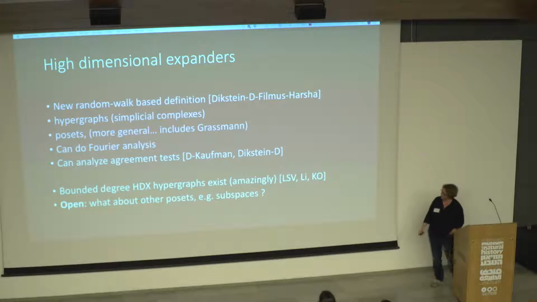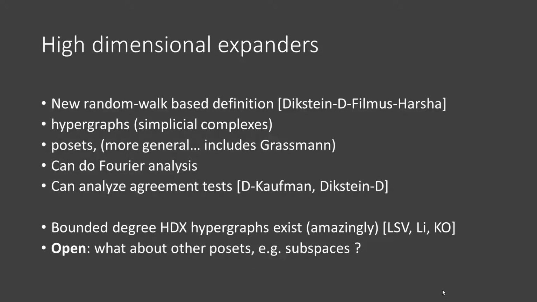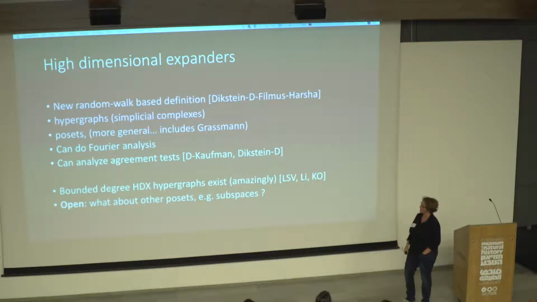Just to remark that something very surprising happens. The fact that these hypergraphs that are high-dimensional expanders even exist is very non-trivial. It's quite amazing, and it's based on some algebraic constructions. There is no random construction, for example, just like you don't have any random constructions for PCPs.